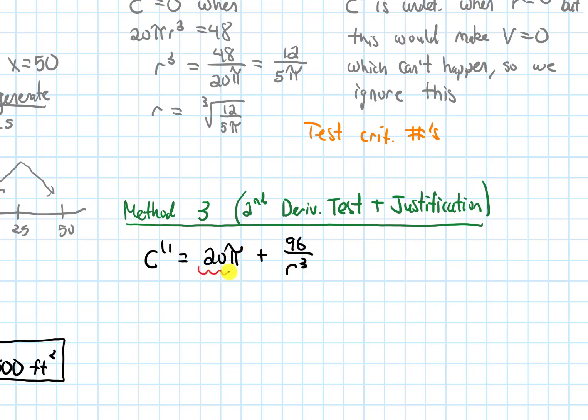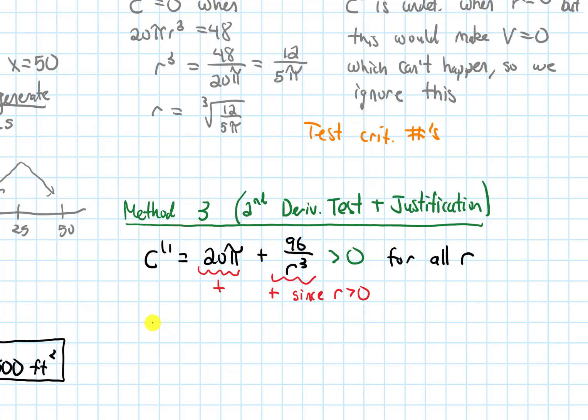And when I look at this, I know 20 pi, that's always positive. And the 96 over r to the third, that's always going to be positive since we know r, the radius, is greater than 0. So as a result, this whole second derivative is greater than 0 for all values of r. So our function, the original cost function, is going to be concave up the whole way.